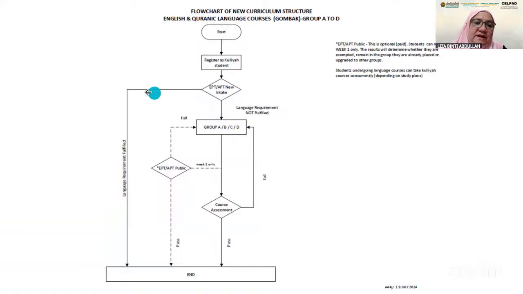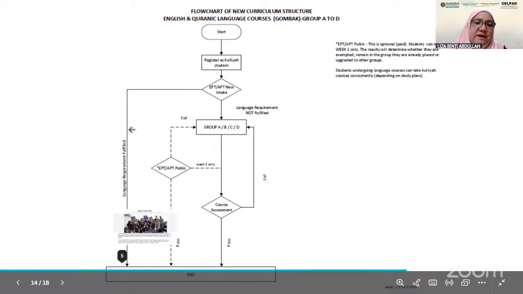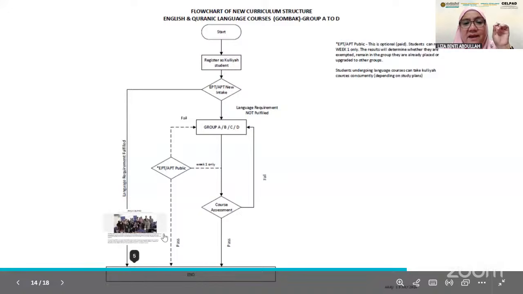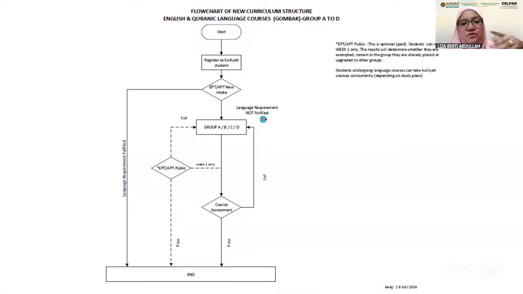If you fulfill the language requirement, that means you pass with band 6 or 5 depending on your kuliah requirement, then it ends here. Don't have to do EPC or APC. But if your language requirement is not fulfilled, means you do not get that band, or you get band 5, 4, 3, whatever, then you have to go to these groups.